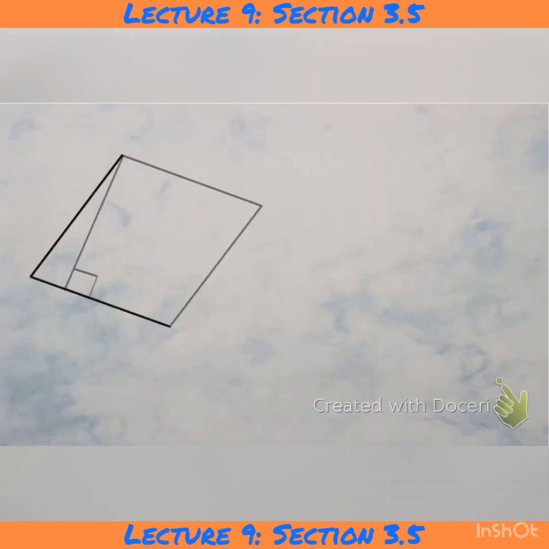Okay, so let's look at a few more applications of the cross product. Here we've got a parallelogram, and suppose that I'm interested in finding the area of this parallelogram. It turns out that one can use vectors to do this.